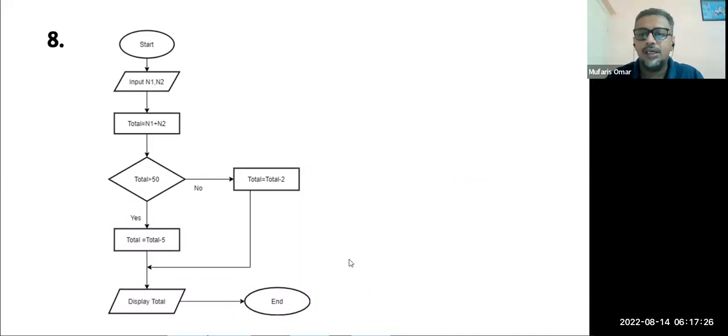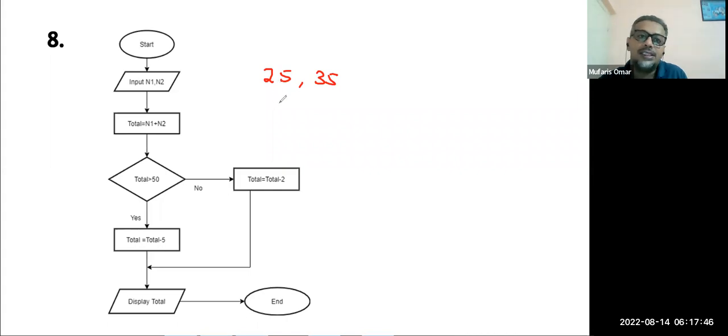We did this flowchart. I think you have this question in your notebook. What you have to do is add two numbers, for example 25 and 35, and get the total.